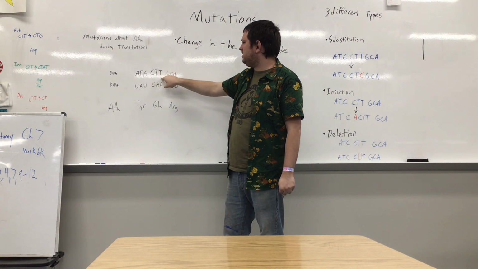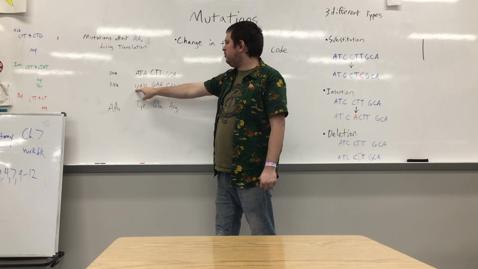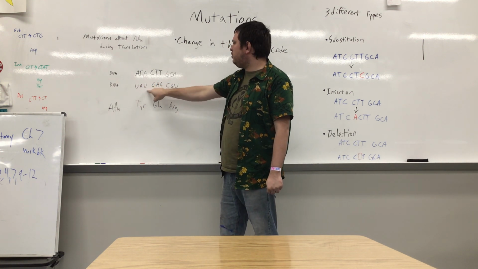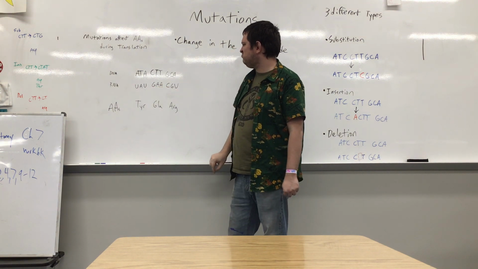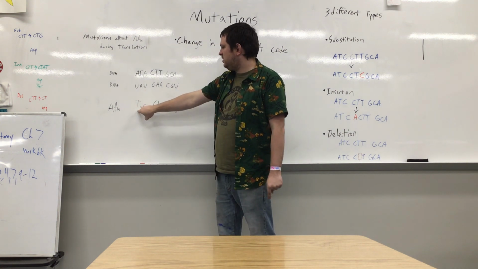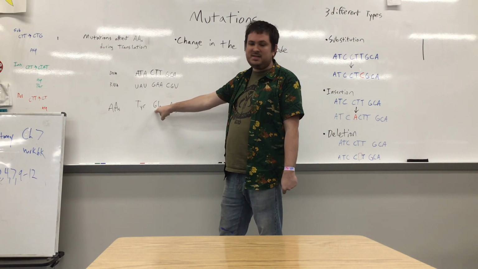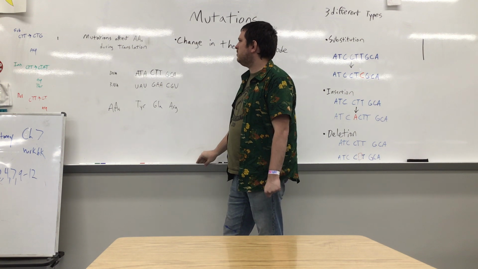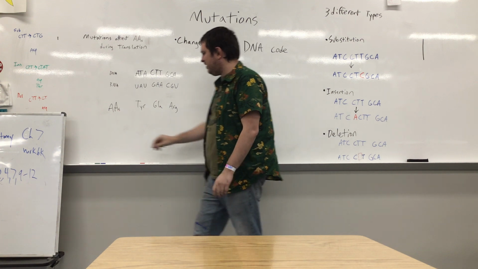ATA, CTT, GCA. We then, through transcription, make our RNA molecule. UAU, GAA, CGU. And when we translate that, we get the amino acids tyrosine, glutamic acid, and arginine.